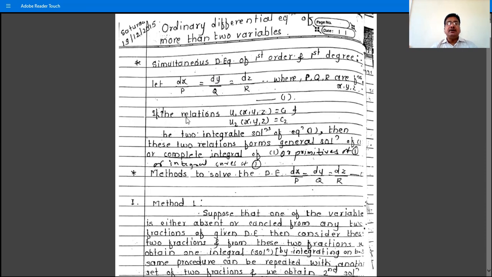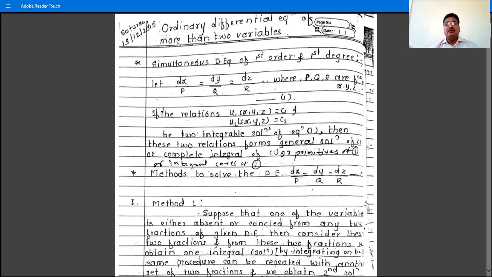And if the relations u1(x,y,z) = c1 and u2(x,y,z) = c2 are two integrable solutions of equation number 1, that is dx by P, dy by Q, dz by R, then these two relations form the general solution of 1, or it is called the complete integral of 1.